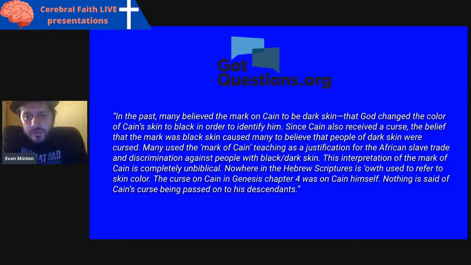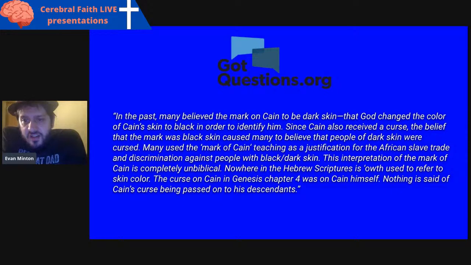GotQuestions.org says, quote, "In the past, many believed the mark of Cain to be dark skin, that God changed the color of Cain's skin to be black in order to identify him. Since Cain also received a curse, the belief that the mark was black skin caused many to believe that people of dark skin were cursed. Many used the mark of Cain teaching as a justification for the African slave trade and discrimination against people with black/dark skin.